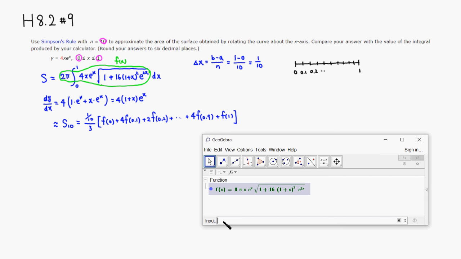Then we're going to do 1/10 divided by 3, so I'm going to put 1 over 30. That's easy enough.